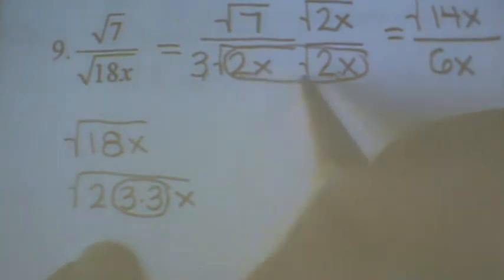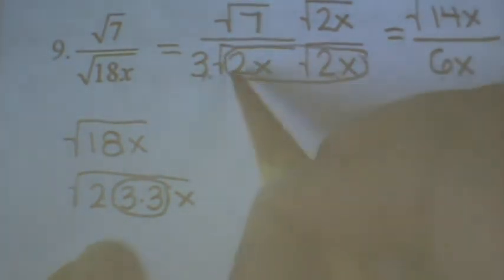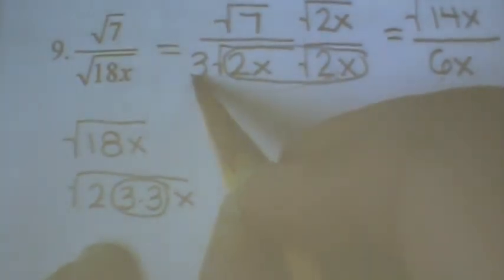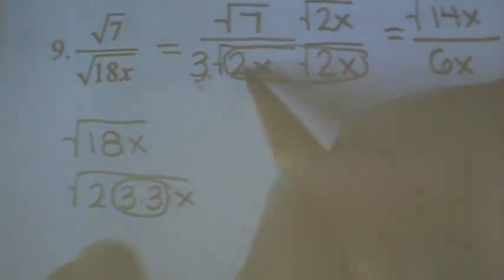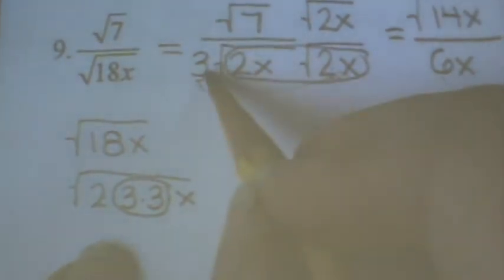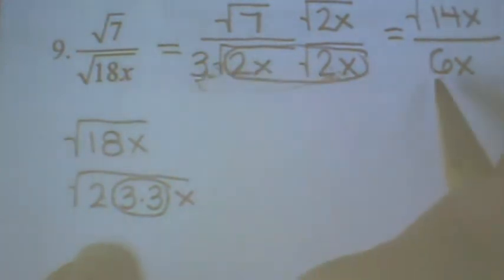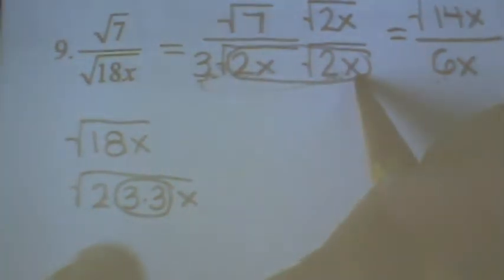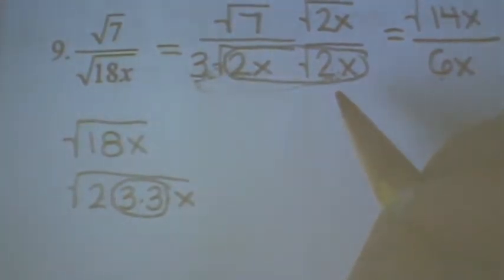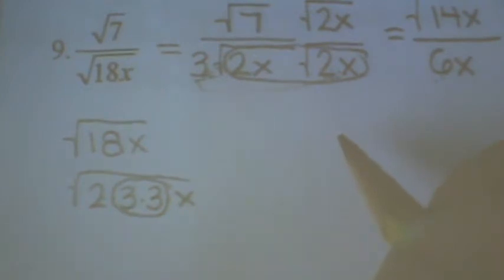You take the 2 out and merge it with the 3, and that's where the 6 comes from. 2 times 2 is actually like root 4, which is 2. 2 times 3 is 6. And then you have a pair of x's, which is just an x. Anytime you have a square root radical times a square root radical, it releases what's under it.